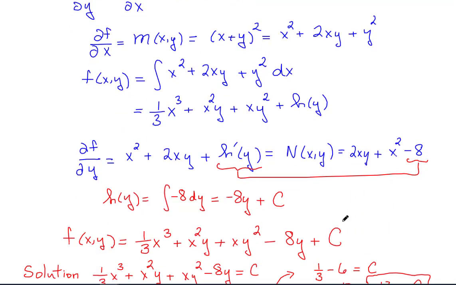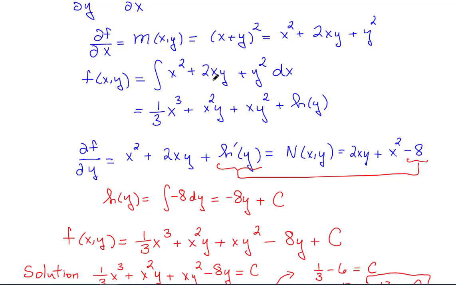All right, so the derivative of f with respect to x is m. And m was x plus y squared, and I went ahead and just multiplied that out, making it easier to integrate. So I'm going to integrate that term by term, so I get 1/3 x cubed.